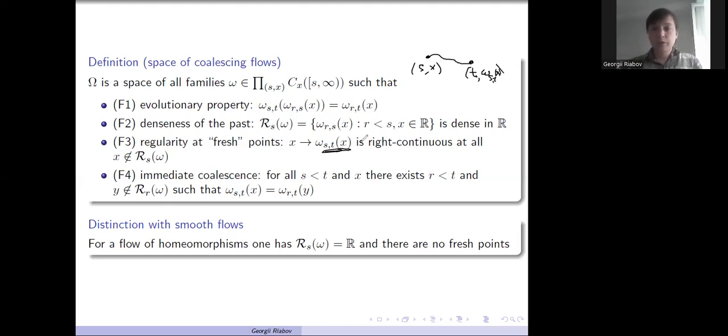Then we assume that at time t, this trajectory has met some other trajectory started from y, and y is a fresh point. So these are the assumptions on our probability space.